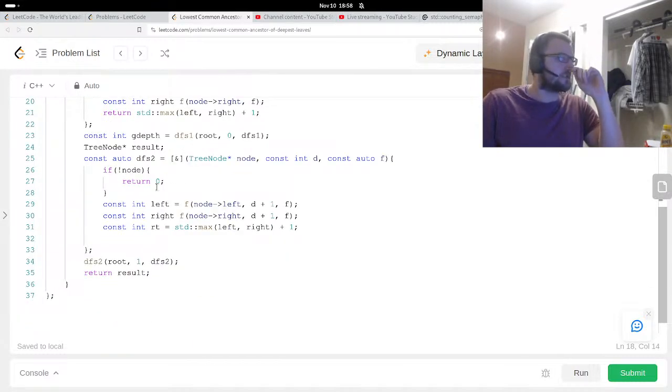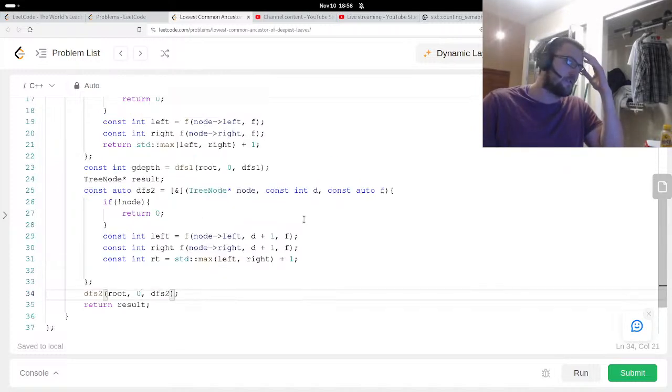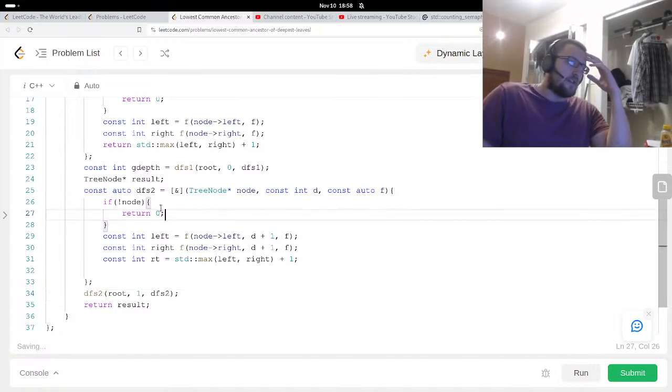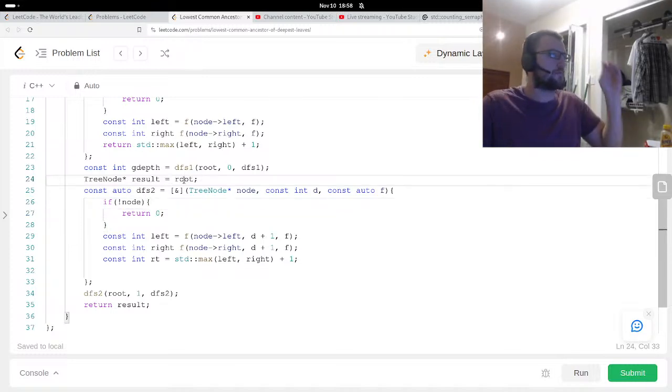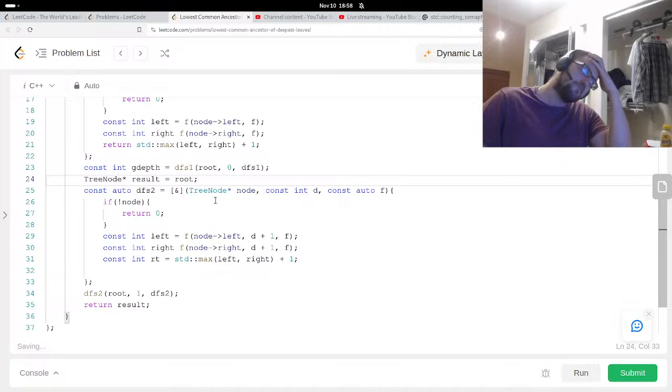Empty subtree has a depth of 0. Okay, so the depth first node is going to be d0. Yeah, let's do 1. Okay, we could start this off as the root. That's fine.